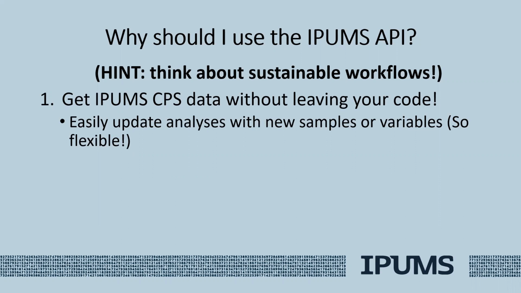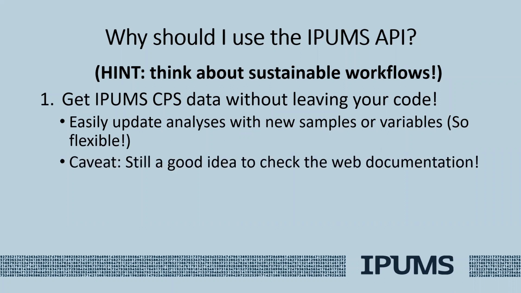It's easy to update your analyses with new samples or to add those variables that you forgot. I don't know about you, but every time I forget to add month and sample to my CPS extract, I always have to go back and add it after the fact. And if you're using the API, that's just as easy as adding that variable to a list.